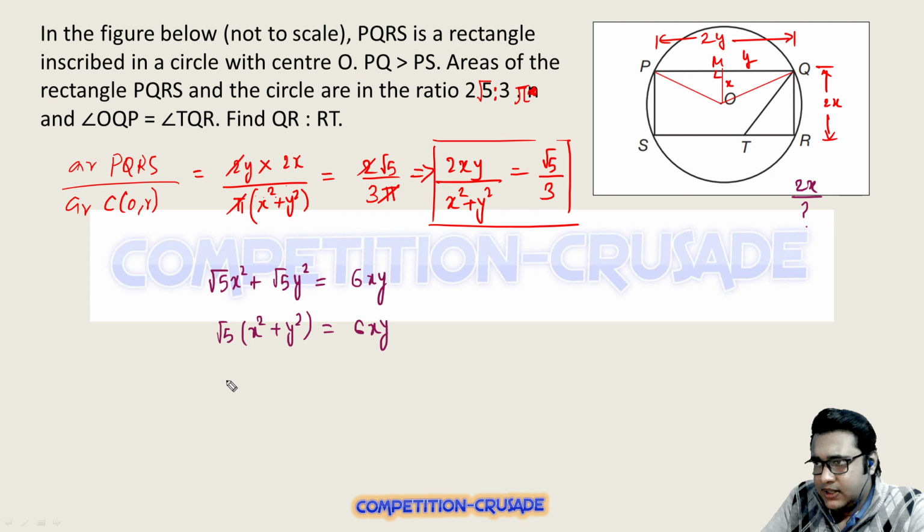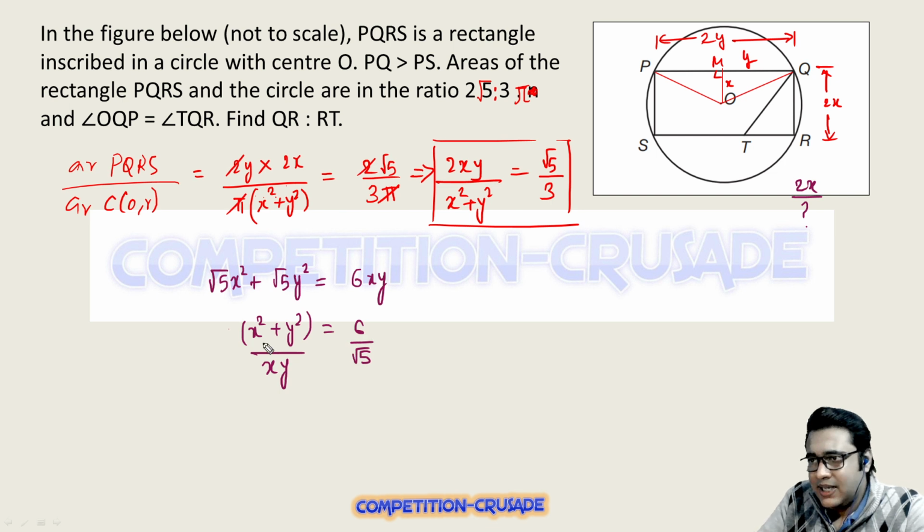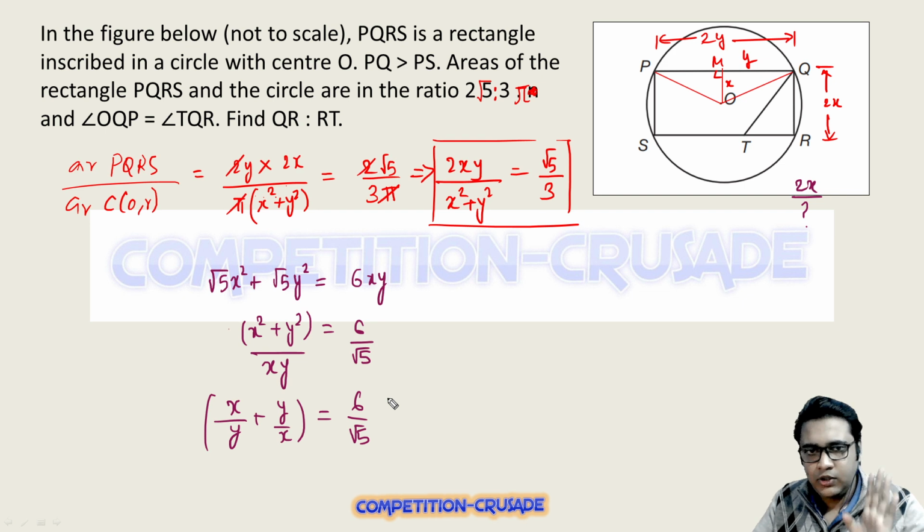So what I will do is I'll just send the xy to this side. This makes them disappear, and root over 5 goes to the denominator of the RHS. This is as good as x by y plus y by x, that is equal to 6 upon root 5. Okay, now hold on. At this point in time, hold on.